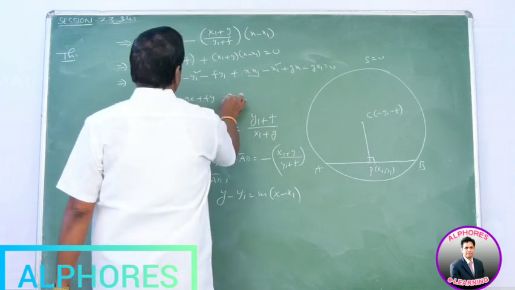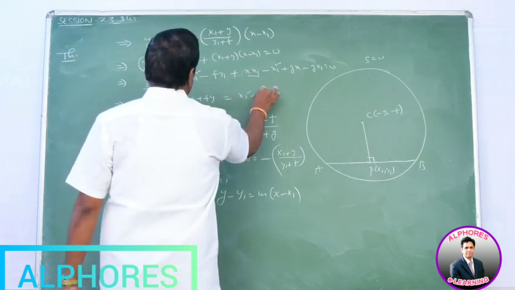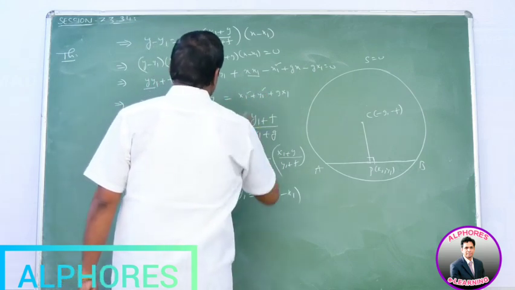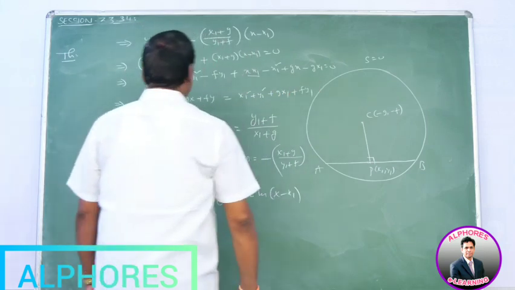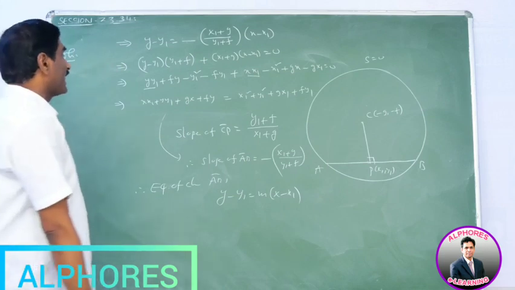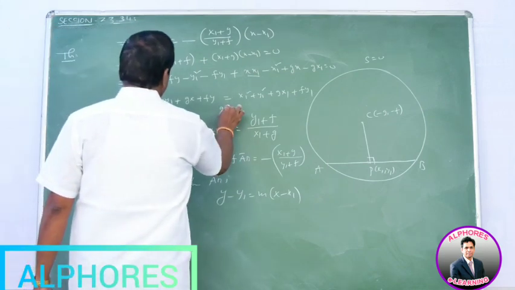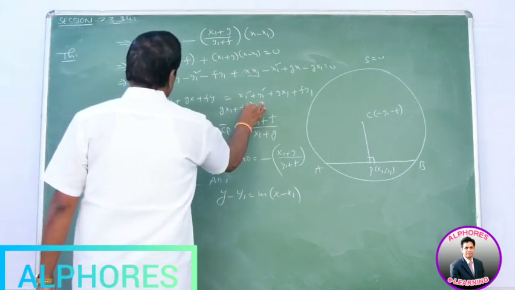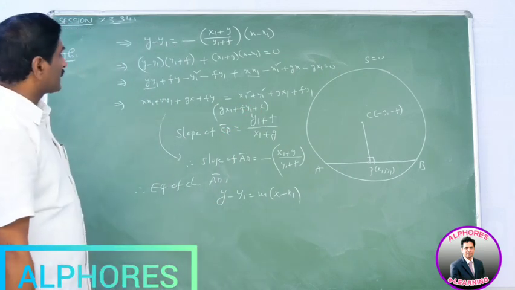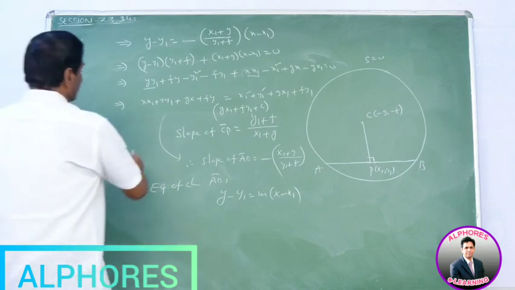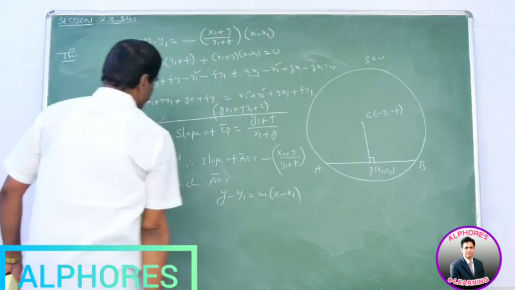Gx plus fy is equal to x1 square plus y1 square plus gx1 plus fy1.